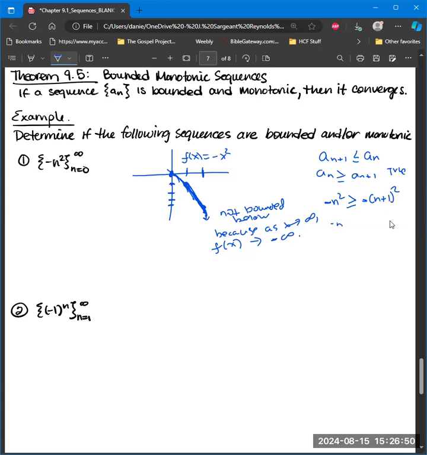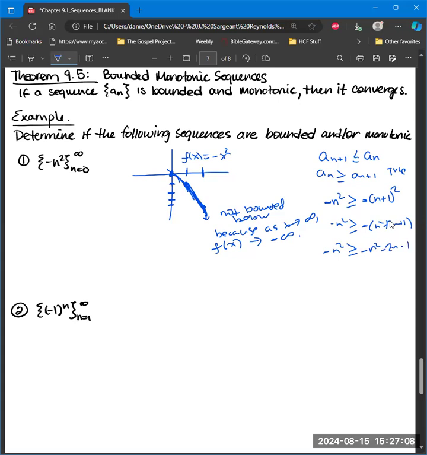Yeah, negative n squared is greater than or equal to a negative n squared plus 2n plus 1. Negative n squared is greater than or equal to a negative n squared minus 2n minus 1.